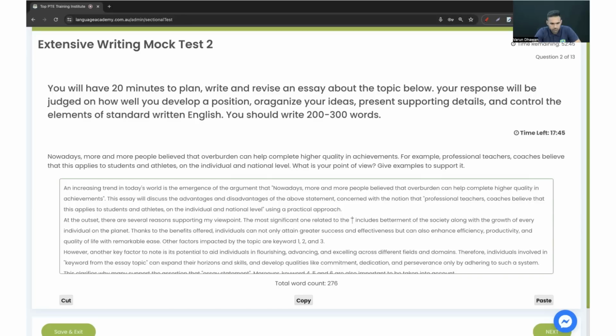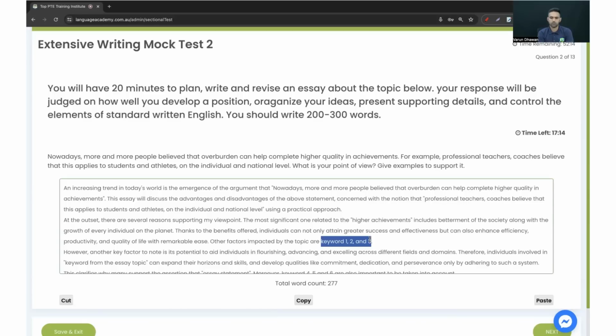Related to the, you can write achievements, higher quality, complete higher quality. You can write higher achievements here, just something related or from the essay topic. Over here, we have to write around 3 keywords if you can, which are related with the essay topic. Now, the essay topic here is that people believe that if you're overburdened, you'll achieve more.